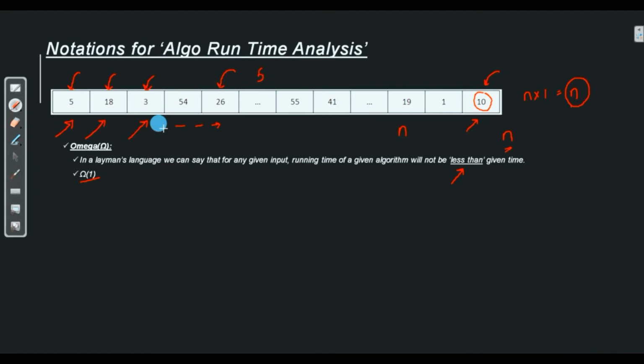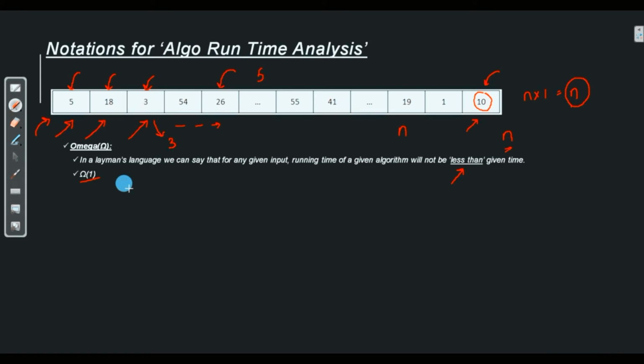Or if we try to find number 3, it might take 3 units of time. But it will never be less than 1 unit of time. And what is that 1 unit of time case? That is when we try to find number 5. Fine. So I hope you have understood why we have put omega of 1 and not omega of n.